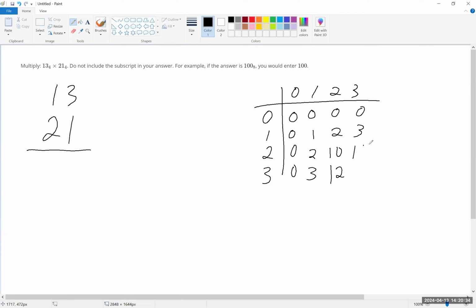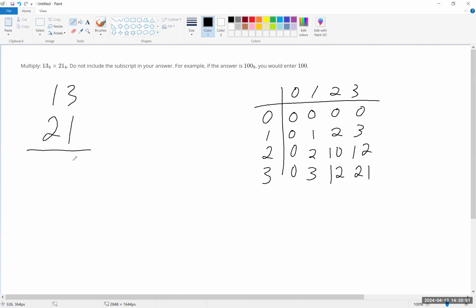These are both the same. 3 times 3 in base 10 is 9 things, but 9 things is made up of 2 4s and a single. So that's how we come up with that table.